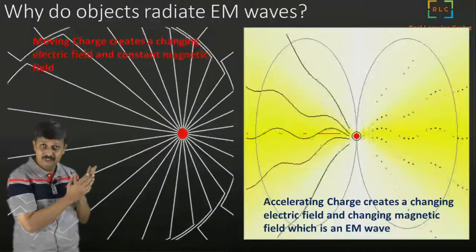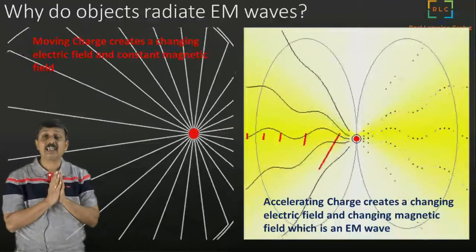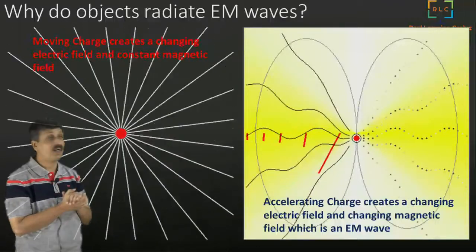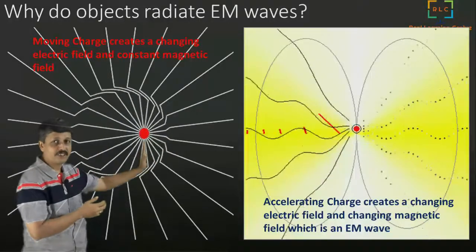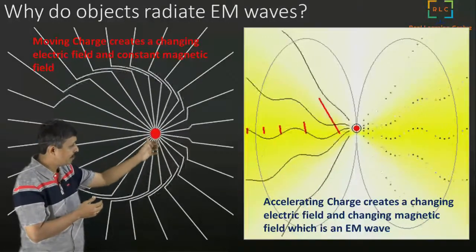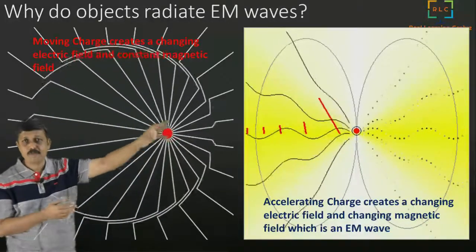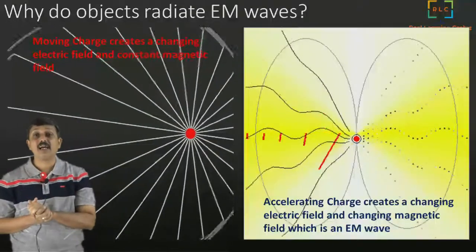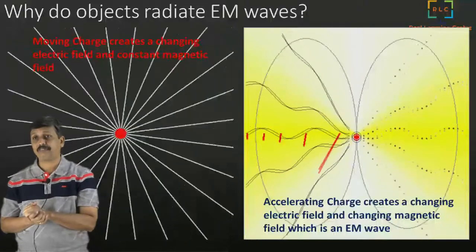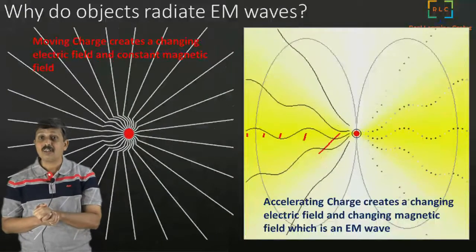And when that happens, we call it an electromagnetic wave. So continuously, to the neighboring area, it keeps moving. Electric field converting into magnetic field into electric field, keeps moving very, very fast. And that one is what we call an electromagnetic wave. So what have we understood?